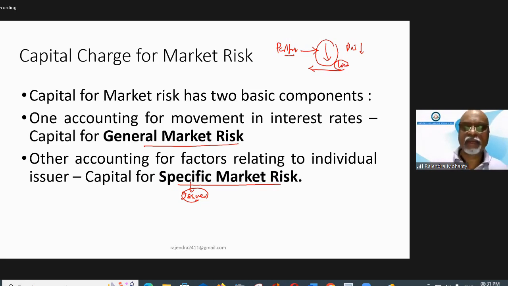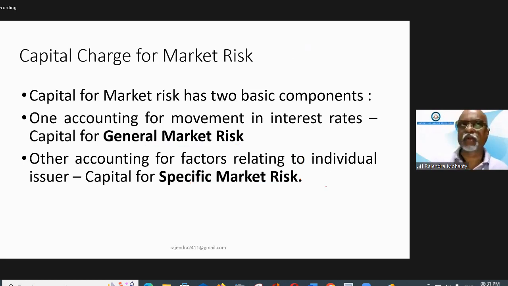So you have to calculate general market risk and specific market risk. The total of these two is the total market risk capital.